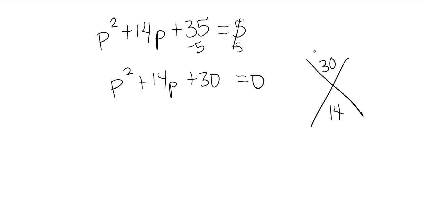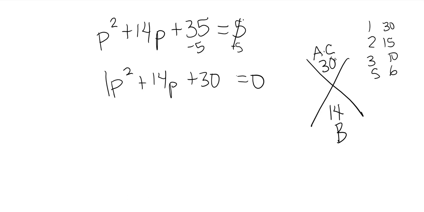So what two numbers multiply to give a times c, and since a is 1, that would just be 30. What two numbers add to give b, which is 14? So let's work through our factors of 30: 1 and 30, 2 and 15, 3 and 10. 4 doesn't divide evenly into 30, 5 and 6.